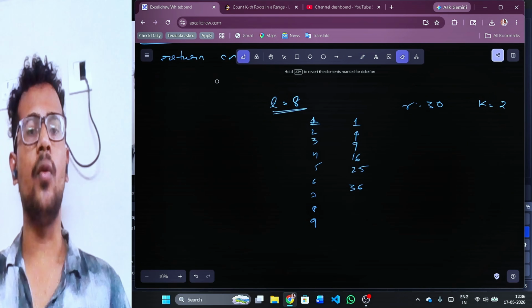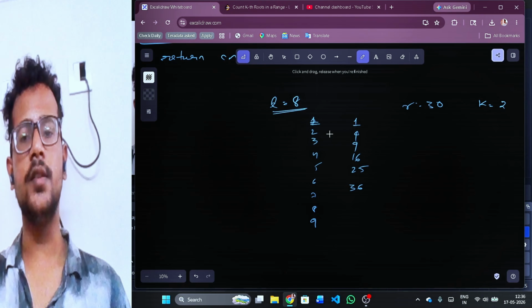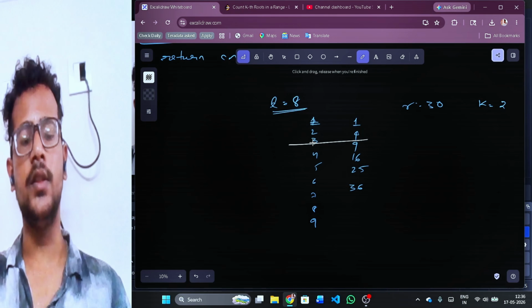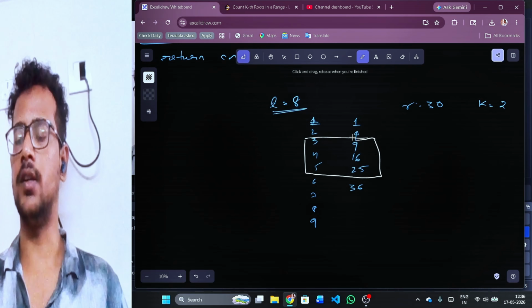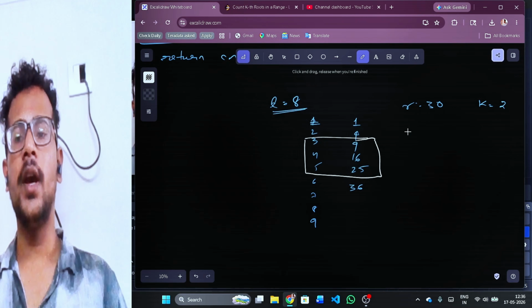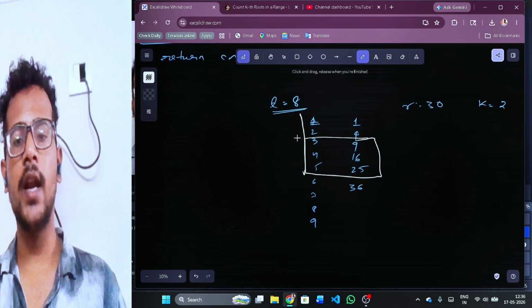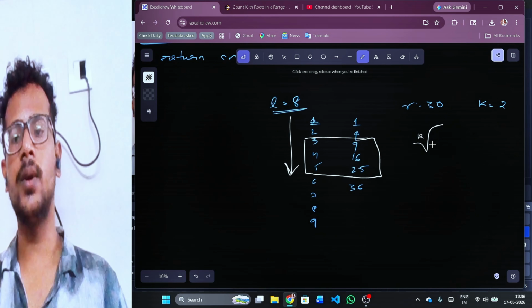But if you see, I will get only these values: 9, 16, and 25. Why am I going with x starting from 1 to the kth root of R?